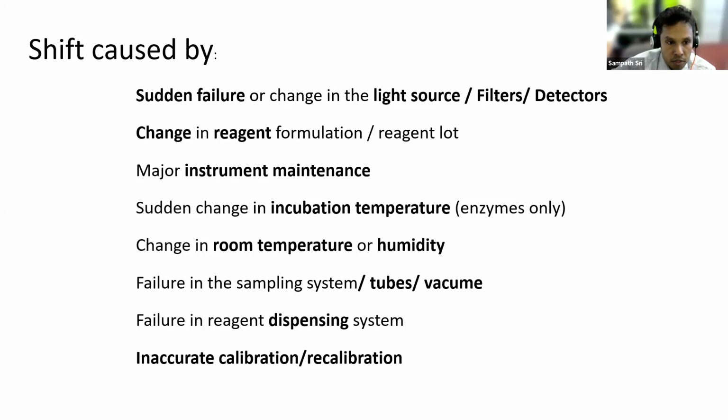Even if there's something wrong with the reagent dispensing system or calibrator, we can see a shift. If you use inaccurate calibrators, or if you do recalibration, again it can cause a shift.